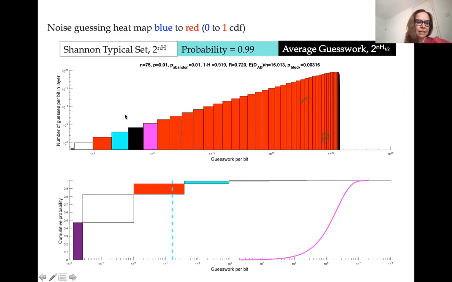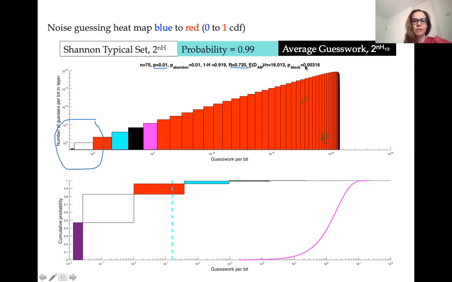I'd like to highlight this. It's really quite low. You're really looking at order 1. This is for a bit flip. This is for a code length of 75. At bit flip probability in my binary symmetric channel of 10 to the minus 2, a code rate of 0.72, okay?